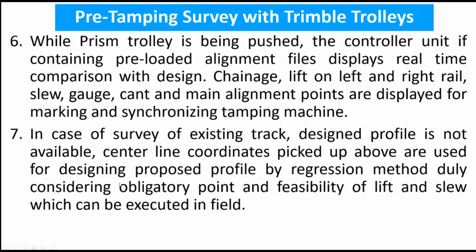In case of existing, first we have to make the design profile based on the center line coordinates of existing. Then once we have the design profile, subsequently whatever the center line coordinates are will be compared with the design profile.